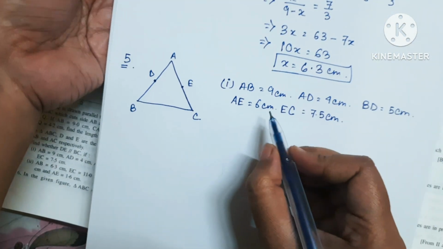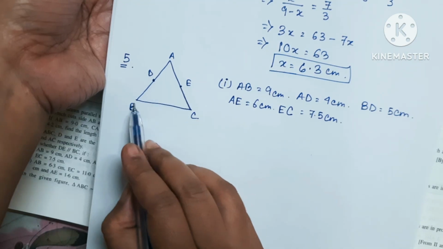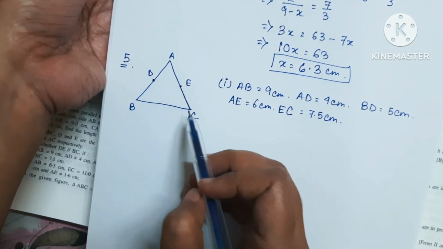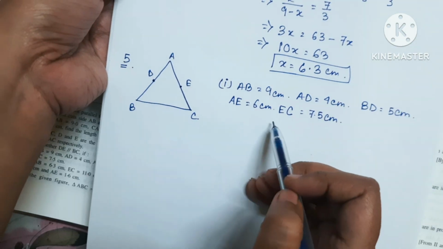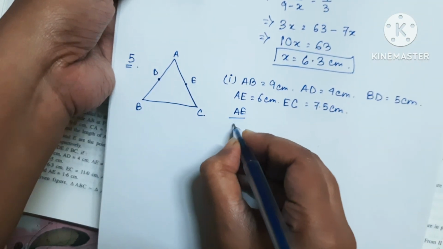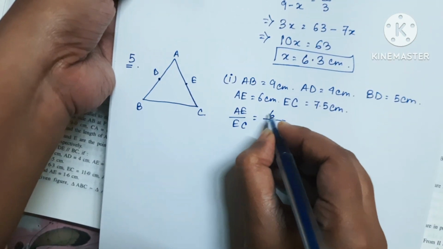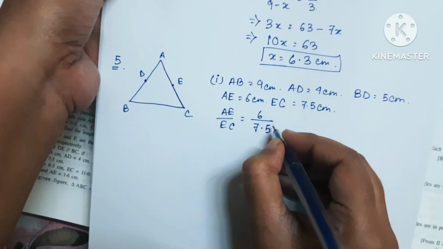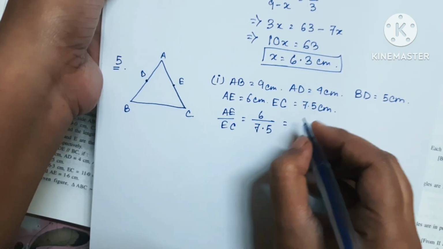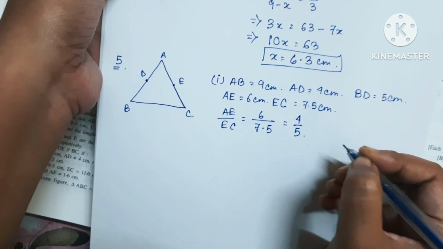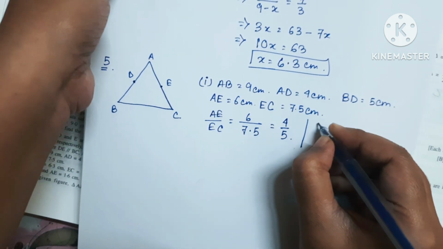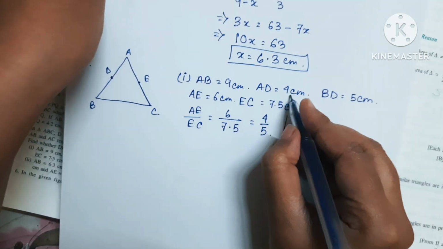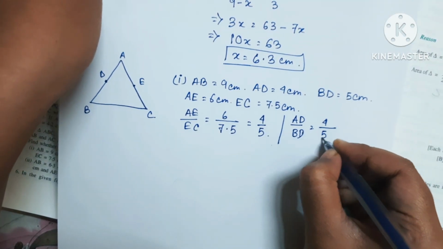Another condition that is given to you: AE equal to 6 centimeter and EC equal to 7.5 centimeter. If DE is parallel to BC, that means AD by DB or BD is equal to AE by EC. Now AE by EC is 6 by 7.5. If you calculate, it will become 4 by 5. And AD by BD is 4 by 5 as well.